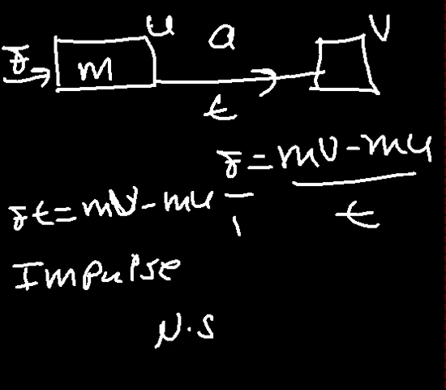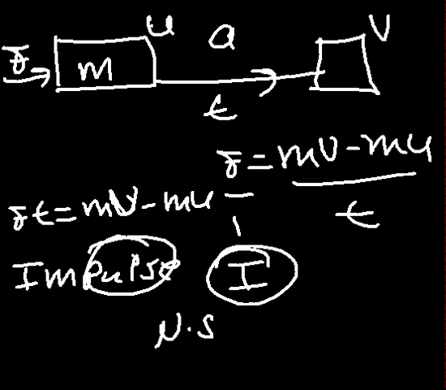Another definition for the impulse can be given as this. Impulse can also be defined as a force applied to an object for a certain amount of time. It is symbolized as I, and it is a vector quantity, as it has both magnitude and direction.